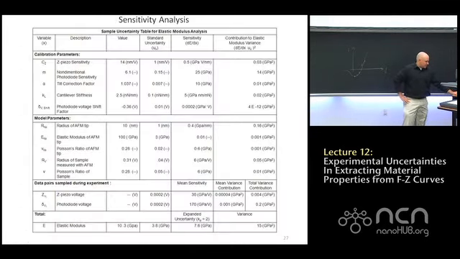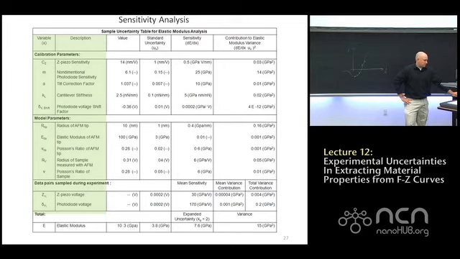To break it down even further, we can take just an individual FZ curve. This is the same FZ curve I showed you a while ago, with all of our inputs. If you think back to the Taylor series equation, we had the df/dxi, if we let xi be our input, times the u(xi) squared term.